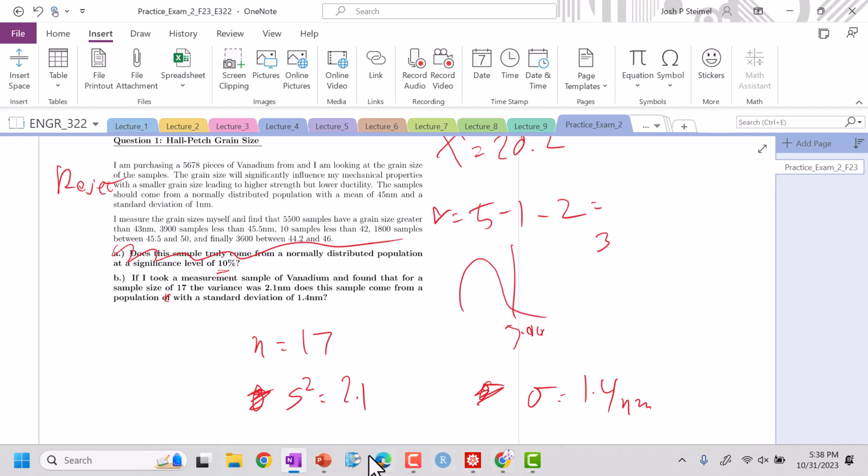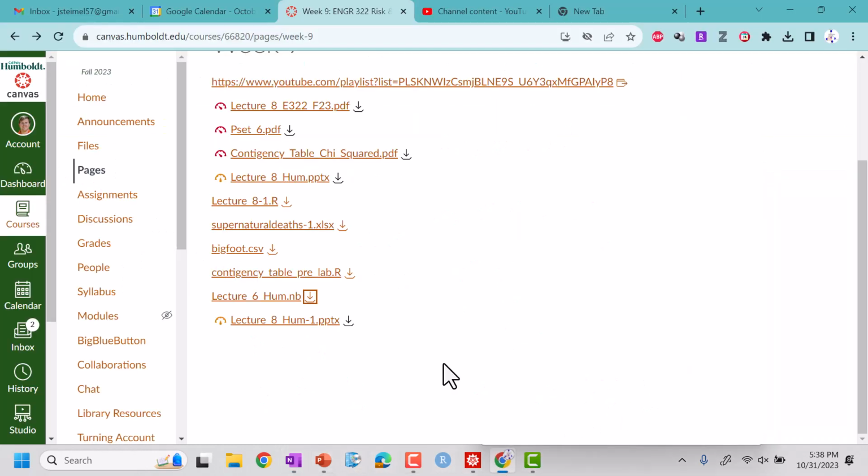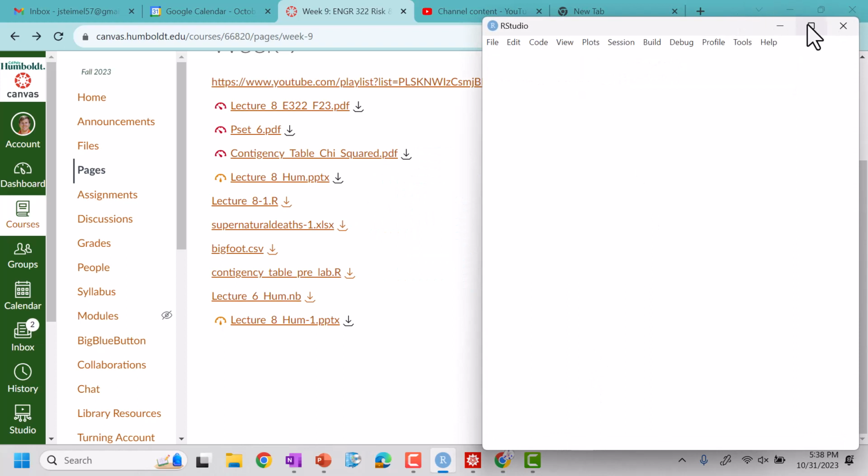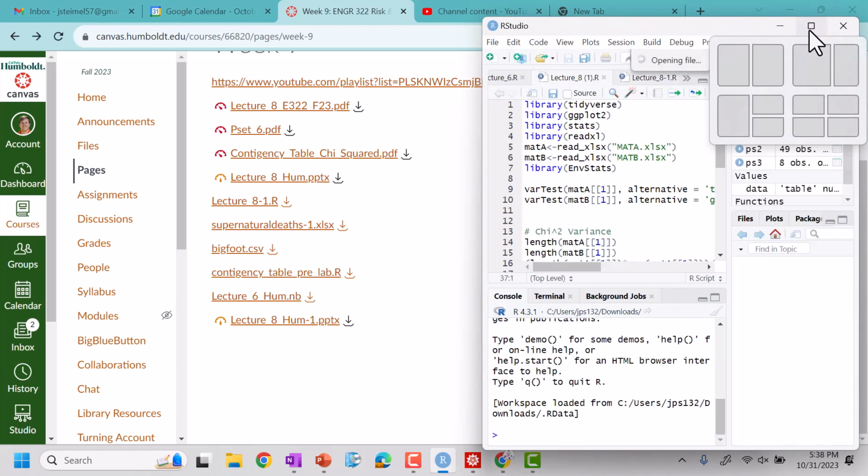So we're going to have to use, where's our lecture? Let's pull up our R. Now we don't have the data set, and it's a two-sided test. For this one, it's 0.025.